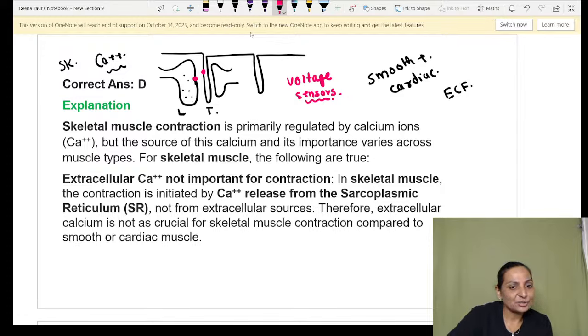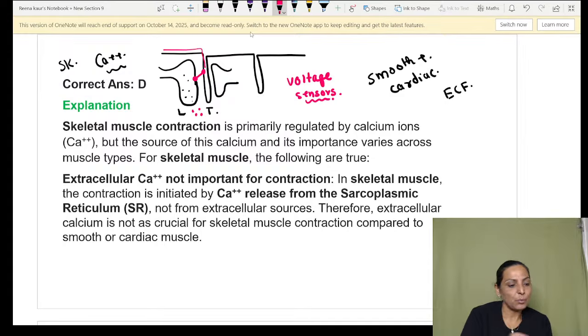As the action potential travels, it opens the DHP receptors by a mechanical conformation, a lock and key phenomenon. This ultimately results in opening of the ryanodine receptors and the calcium ions are released. These calcium ions then bind to troponin C, and muscle contraction is initiated.